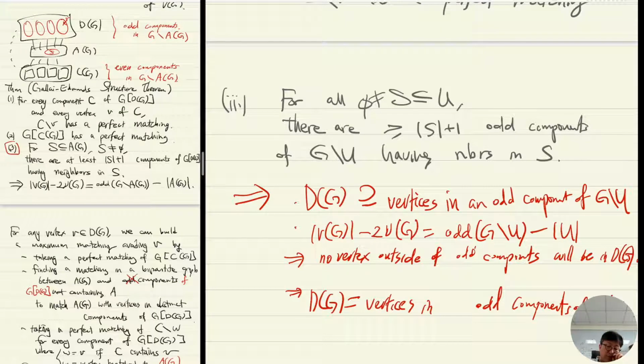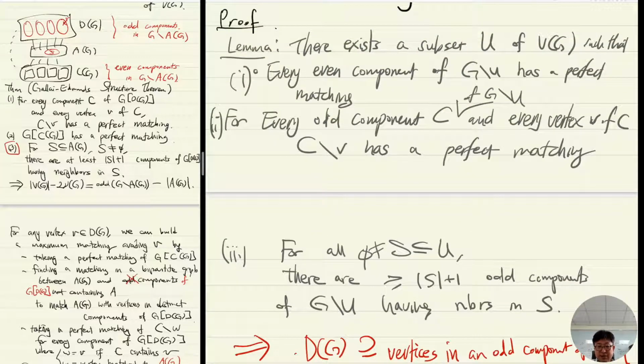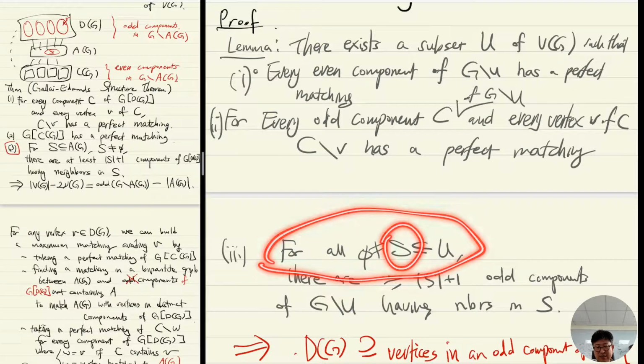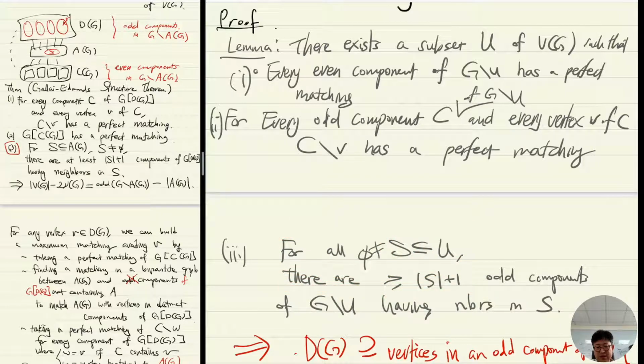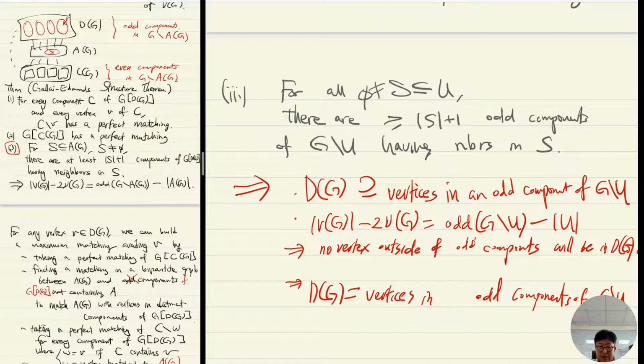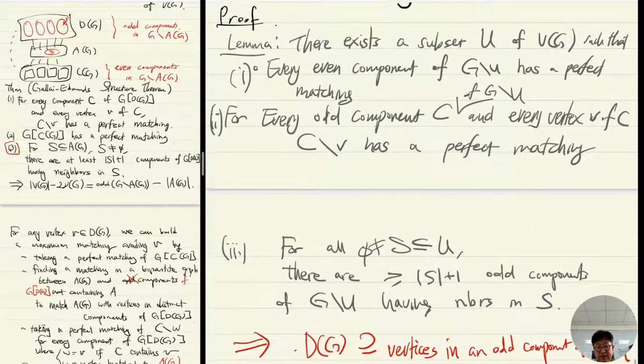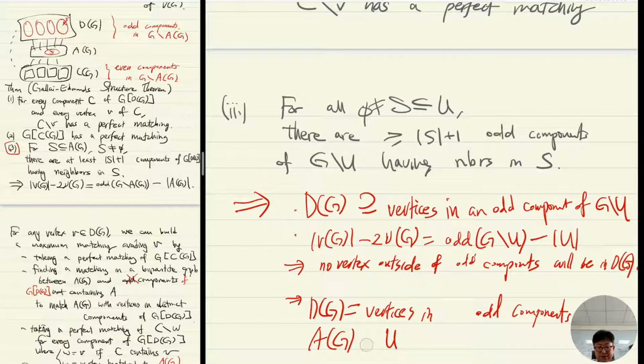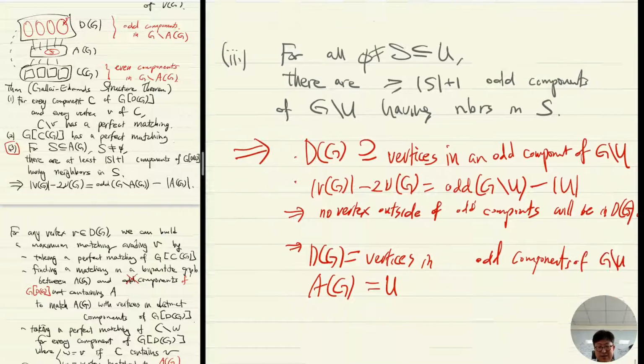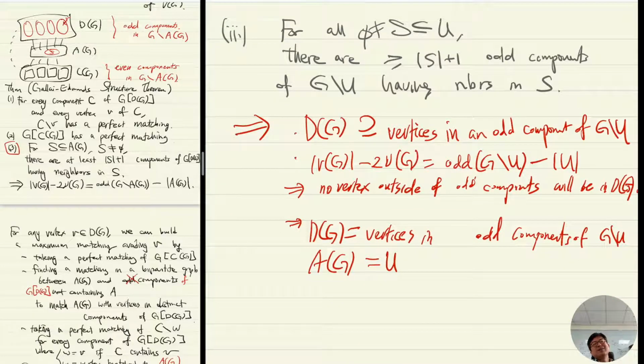All right. Now, what about A of G? By the third property, any vertex in U, if I pick S to have size 1, will have neighbors in odd components. So that means A of G will contain U. But actually it's equal, right? Because you cannot have any neighbor in even components.